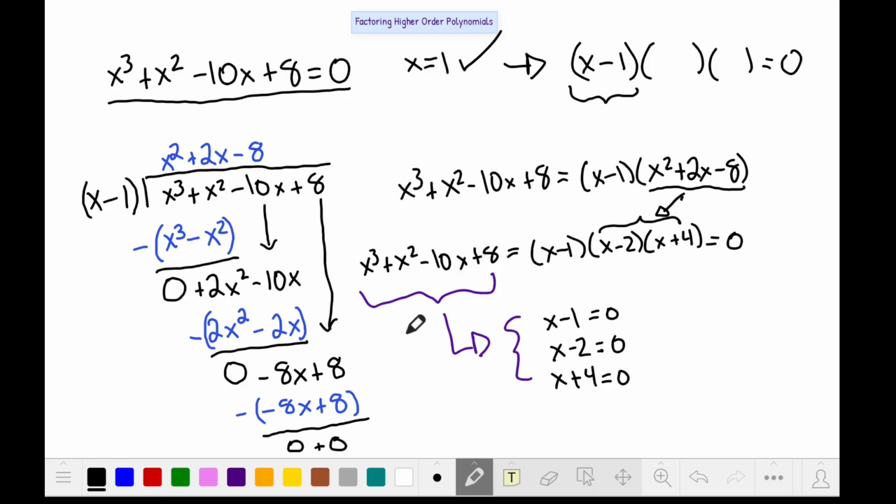Now again, would you rather try and solve the x cubed plus x squared minus 10x plus 8 term, or would you rather solve x minus 1 equals 0, x minus 2 equals 0, x plus 4 equals 0? Well, I know for me the answer is very clear. I would much rather solve 3 very simple equations as opposed to one big scary power of 3 polynomial.